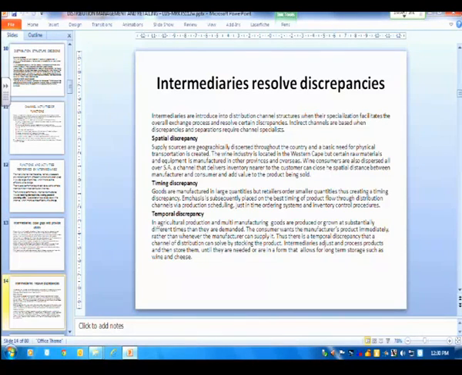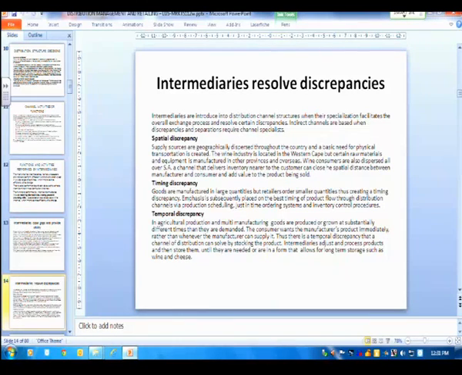Temporal discrepancy. In agricultural production and multi-manufacturing, goods are produced or grown at substantially different times than they are demanded. The consumer wants the manufacturer's product immediately, rather than whenever the manufacturer can supply it.